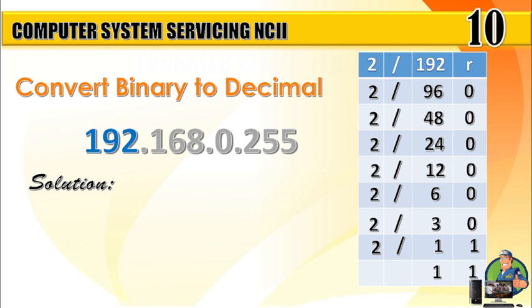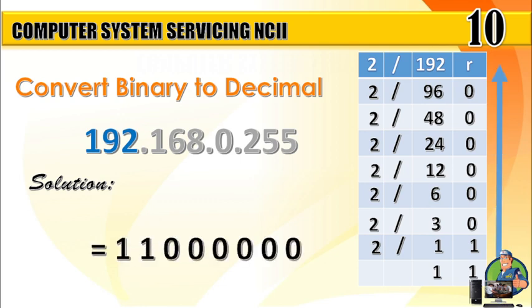So, the binary representation of 192 is 1, 1, 0, 0, 0, 0, 0, 0.